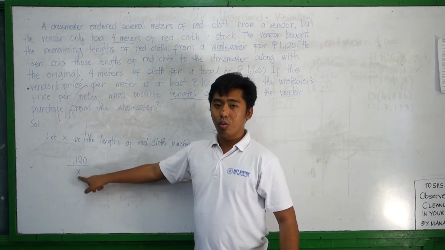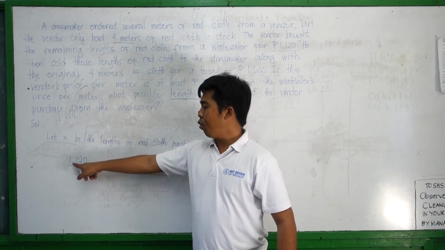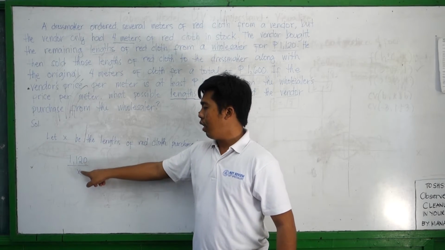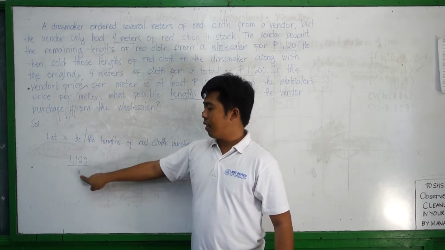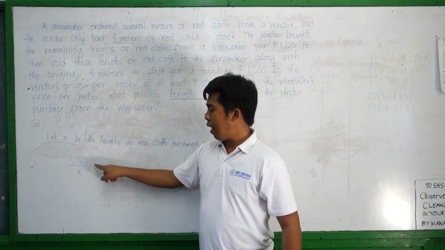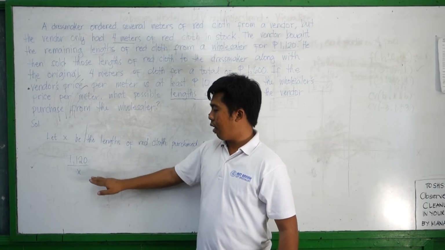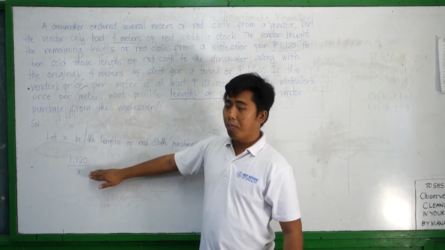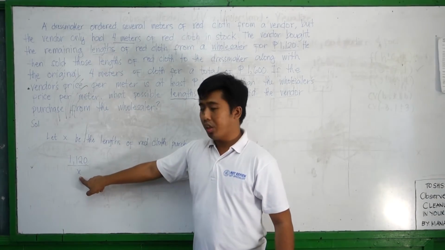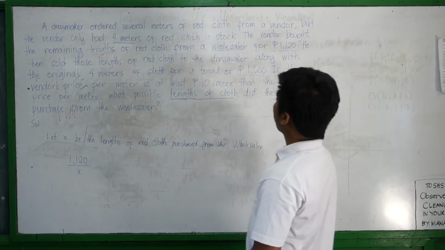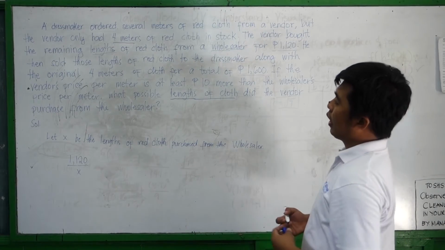But we don't know X yet. Again, the 1,120 that he paid, if divided by the total length, the outcome would be the price per meter. Now, let's proceed.